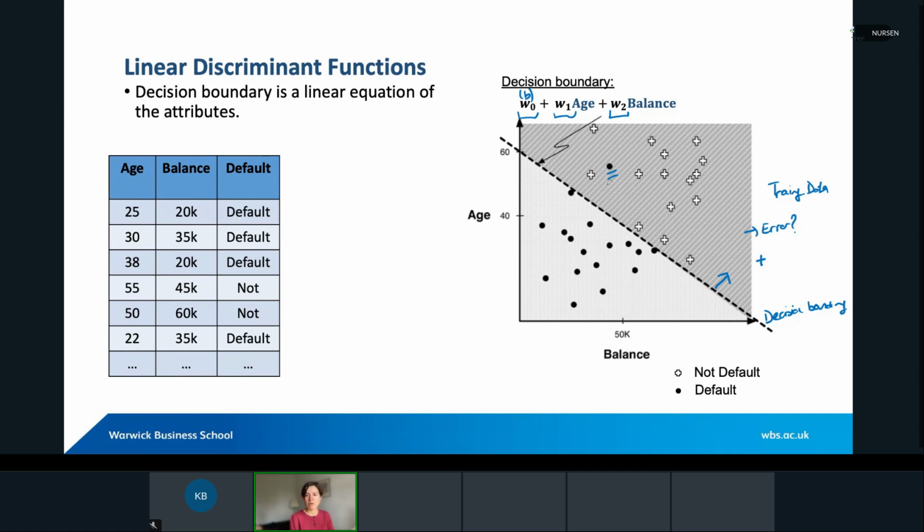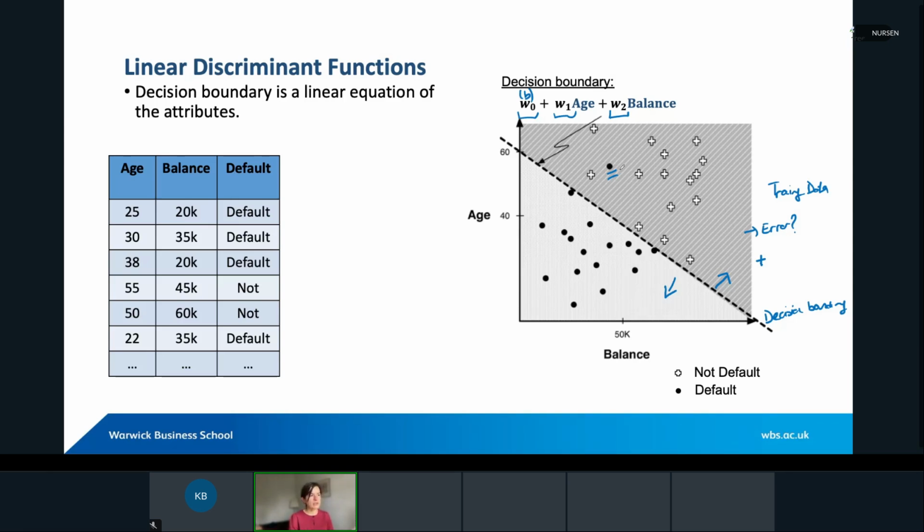So error is 1. On the other hand, any point under the decision boundary will be predicted as circle, and here we don't have any error, so error is 0. It doesn't basically count the errors, but there is a function or objective which is based on the number of errors we made. And here we see we have 1 error.